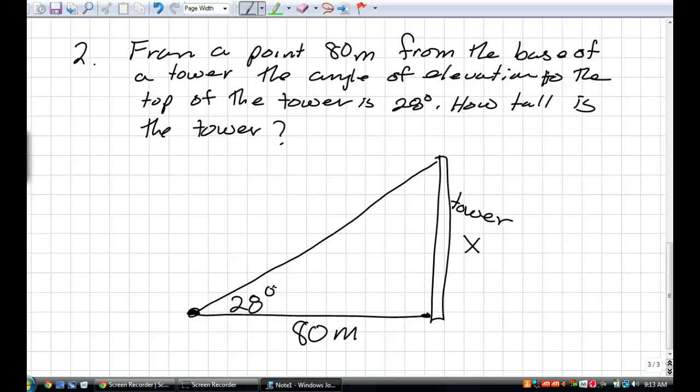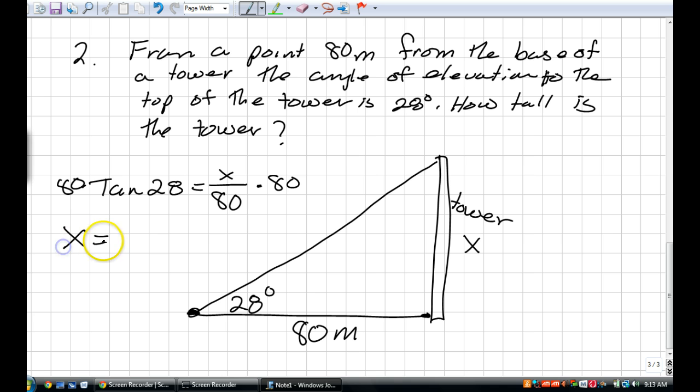Well, again, we know the opposite over the adjacent, so we can use the tangent ratio. So the tangent of 28 degrees is equal to x over 80. Now we want to solve for x, so now we multiply both sides by 80.